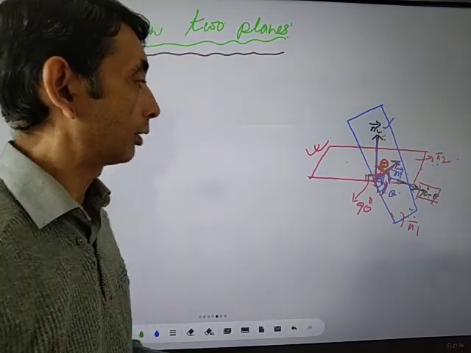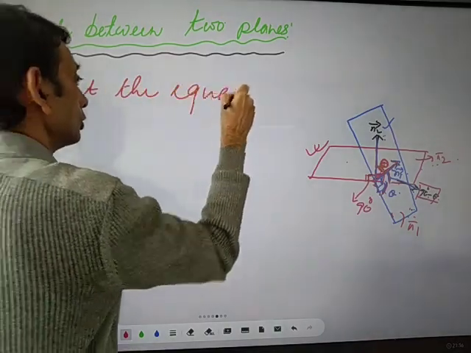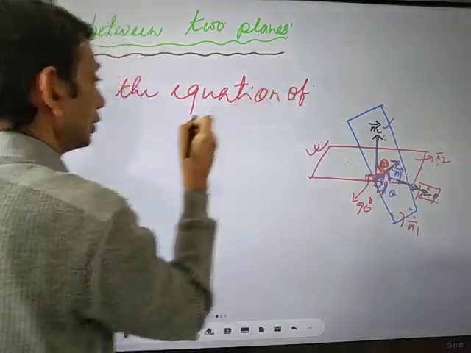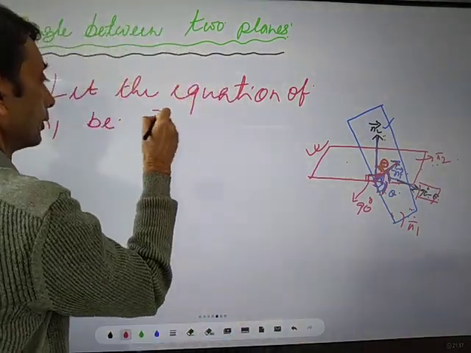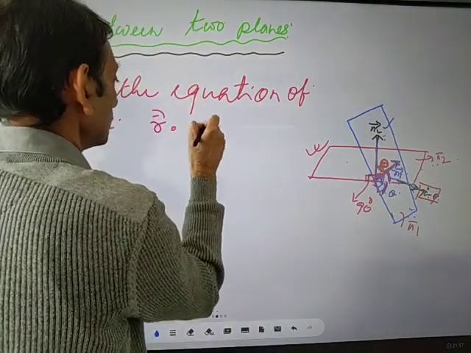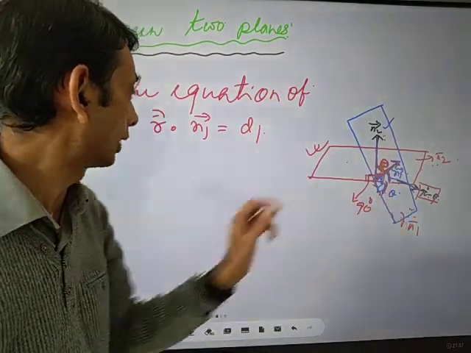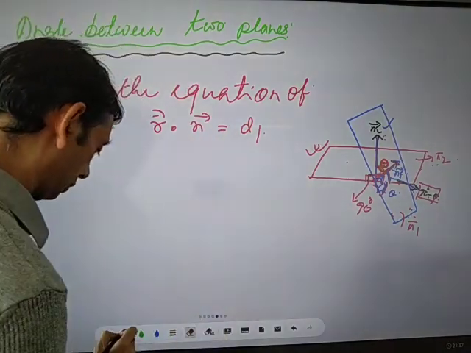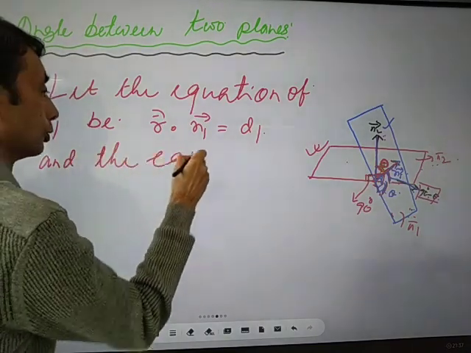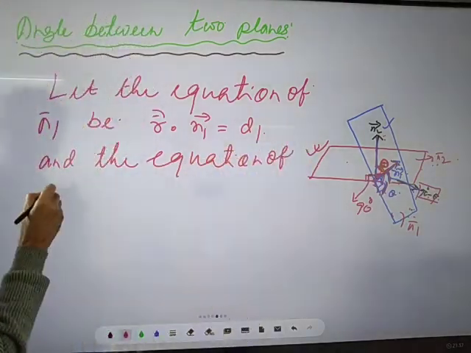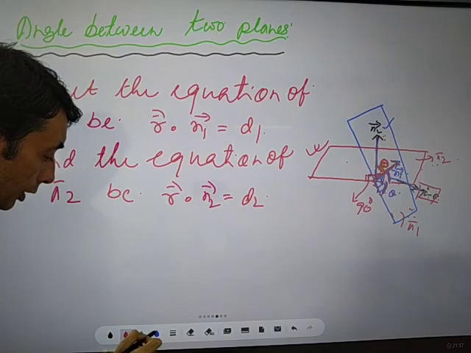Let the equation of pi 1 be r dot n1 equal to d1, and the equation of pi 2 be r dot n2 equal to d2. So these are the equations we are just assuming.